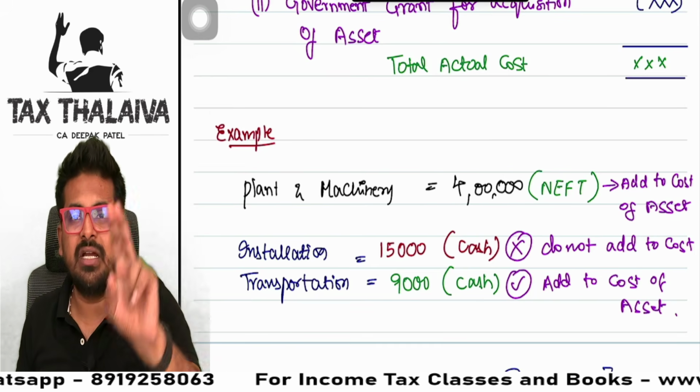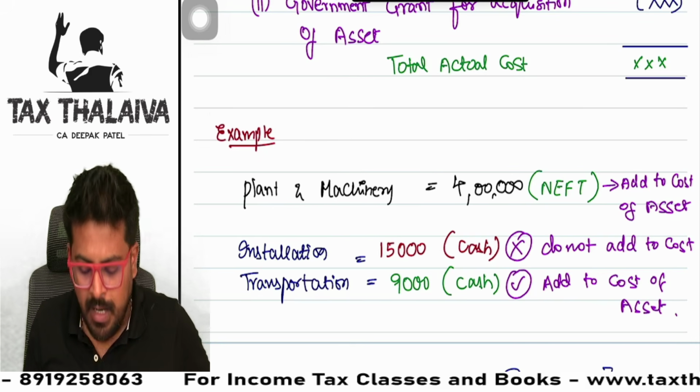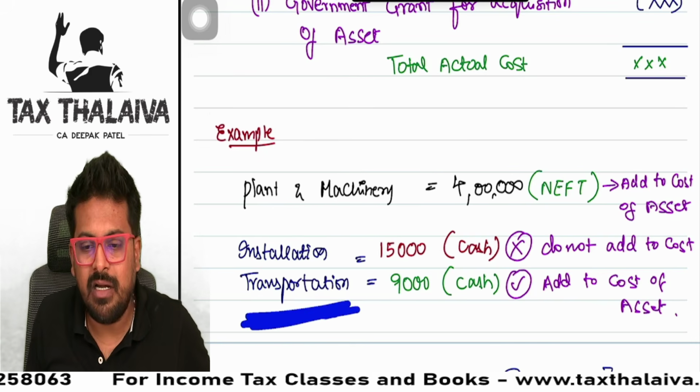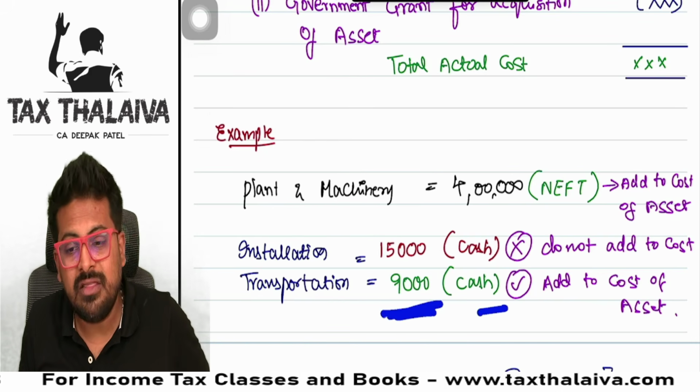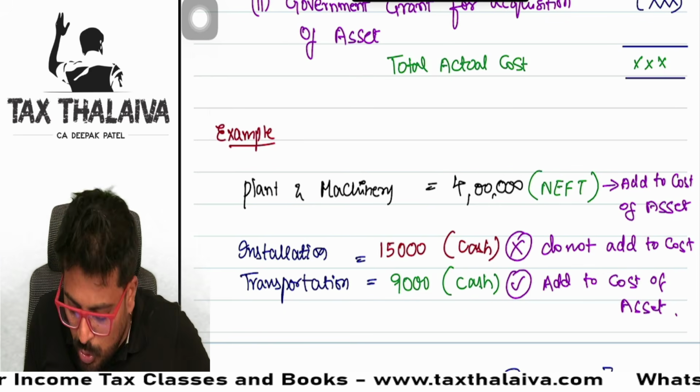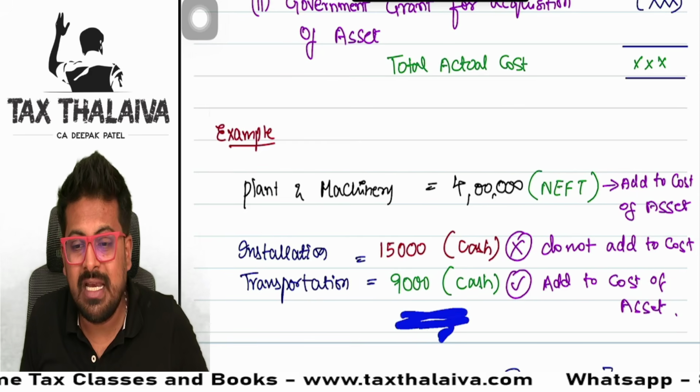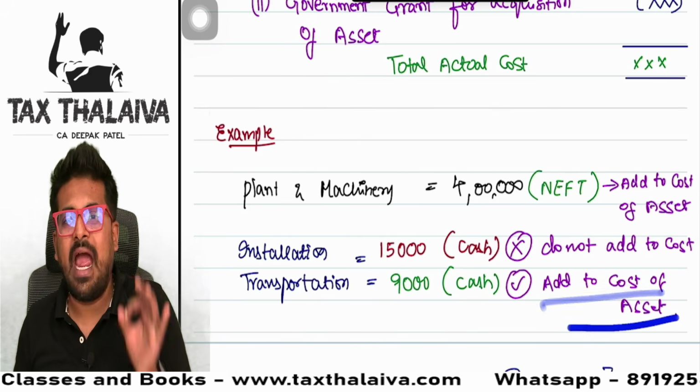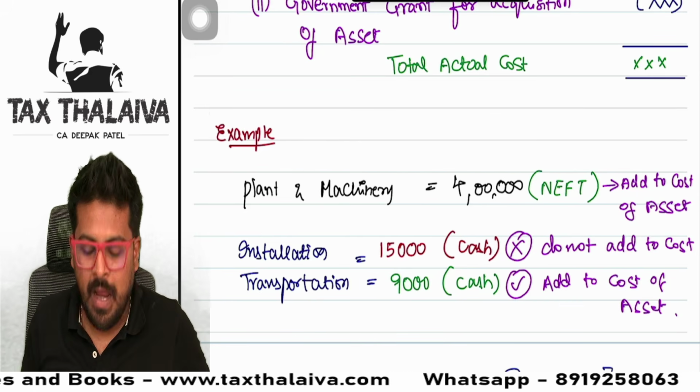You cannot capitalize that in your books of accounts. Let's say you further spent transportation expenses of 9,000 in cash. This 9,000 spent in cash is less than 10,000, so you can add it to cost of asset, because this is a different expenditure.